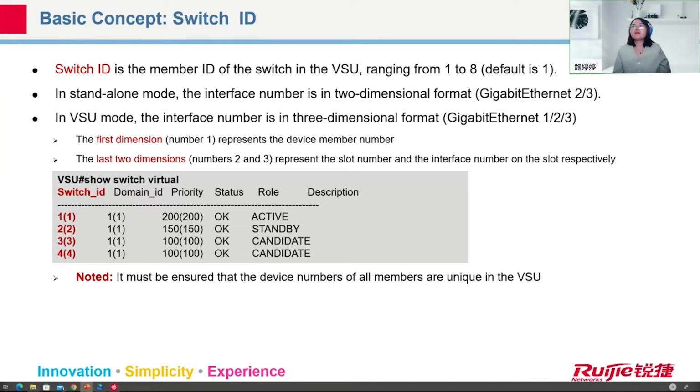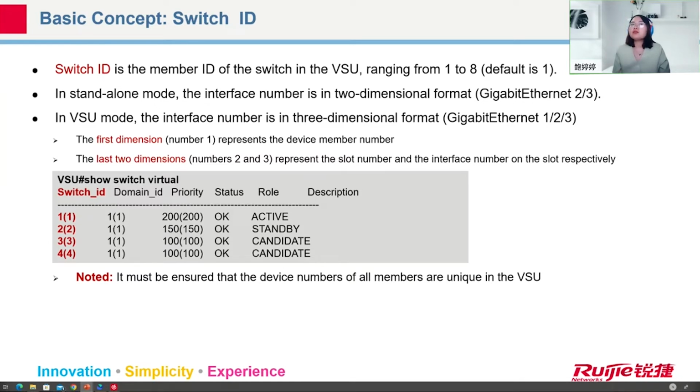In the VSU, different devices have different switch IDs to distinguish them. For example, GigabitEthernet 1/2/3: 1 is the member number, 2 is the slot number, and 3 is the port number. Of course, when you use a normal switch, you may find the second number is 0, because you only have one slot.